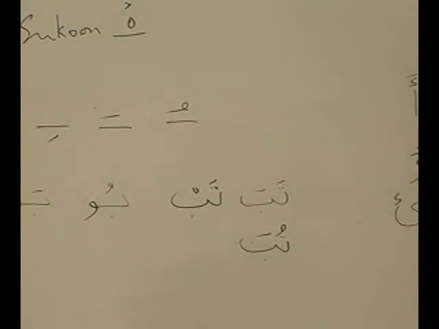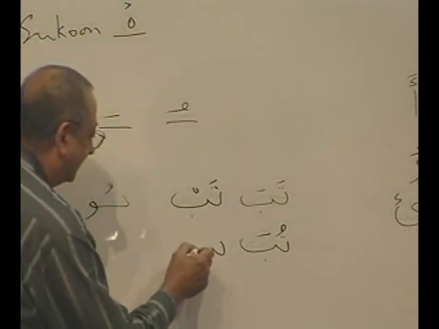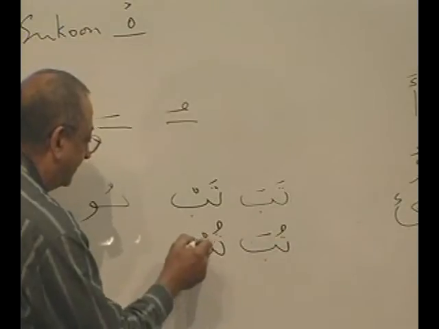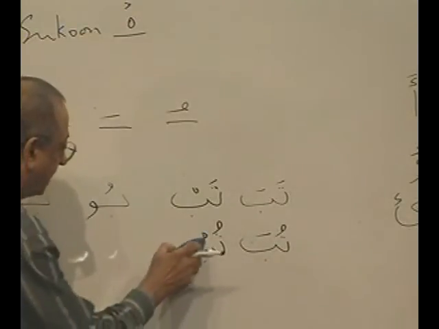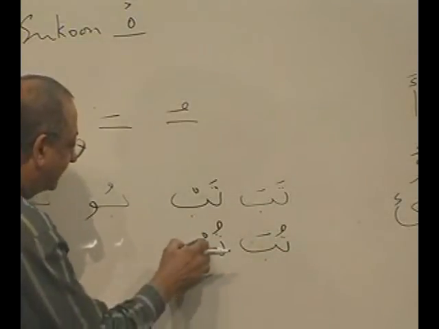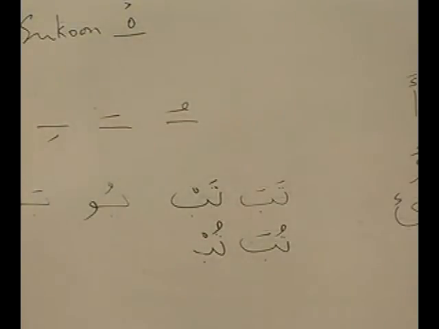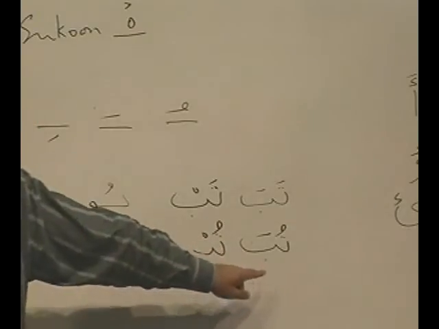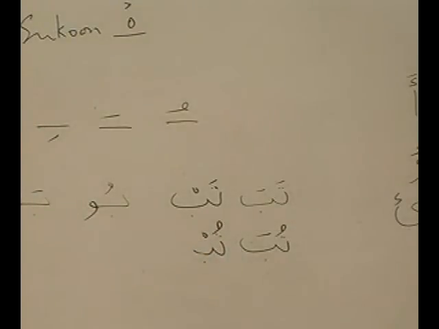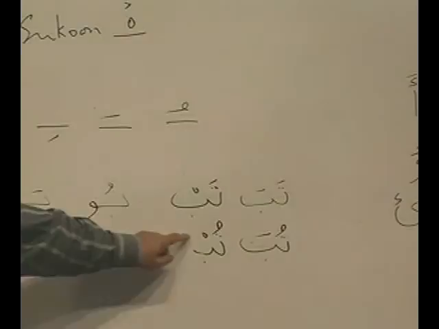See how you pronounce ba? Tab. Okay. Now if I say like this, what is it now, brothers and sisters? Tub. Here it was tuba, and here it is tub. So there is a sukun on ba.